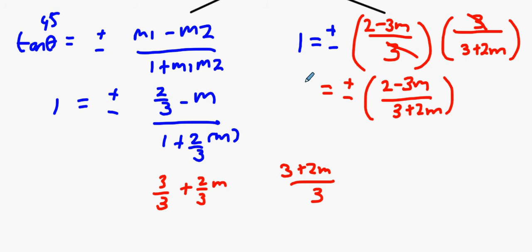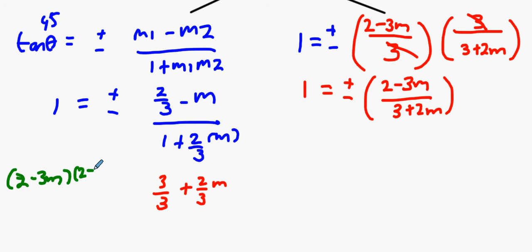Alright, what do I do now, lads? What should I do to get rid of that plus or minus? Square both sides. So I'm going to square 2 minus 3m, so 2 minus 3m by 2 minus 3m.